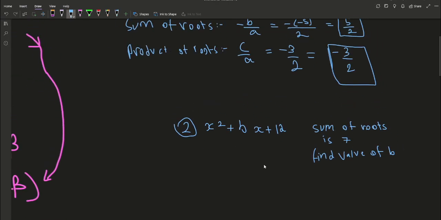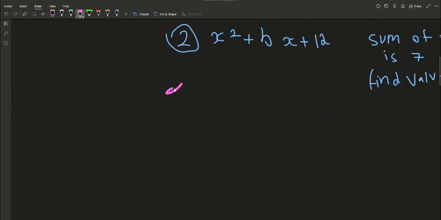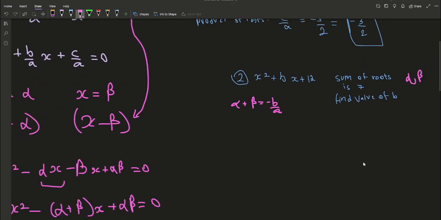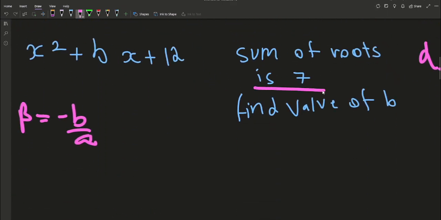So we know the sum of roots. What are our roots? Alpha and beta. So sum of roots equals minus b over a, right? We are given the sum of roots. Sum of roots is 7, right?